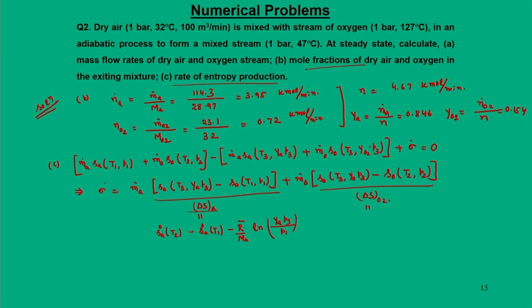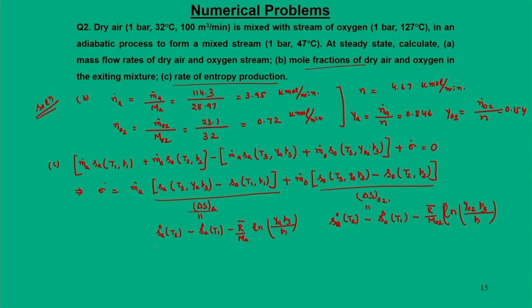Term 2 will be the absolute value for oxygen at temperature T3 minus the absolute value for oxygen at temperature T2, minus R bar by M oxygen into ln(Y oxygen P3 divided by P1). So the property data table needs to be evaluated.